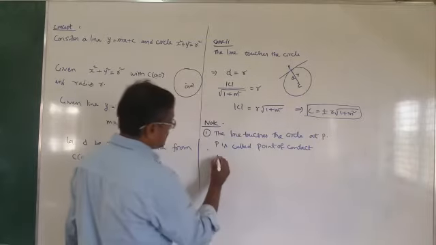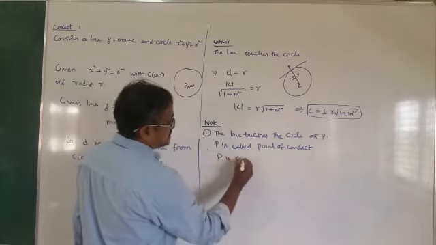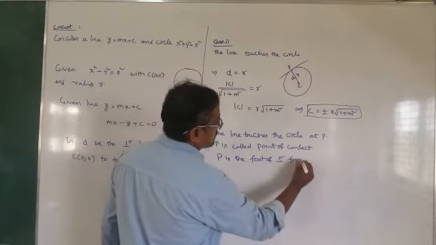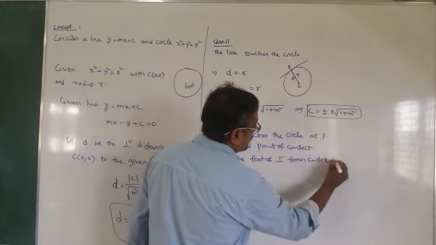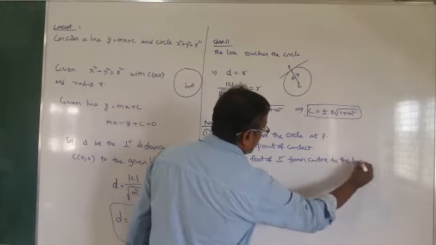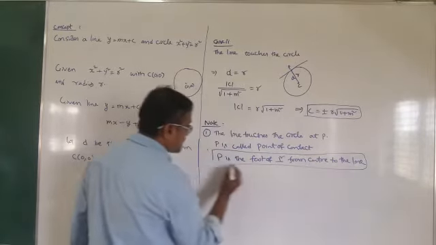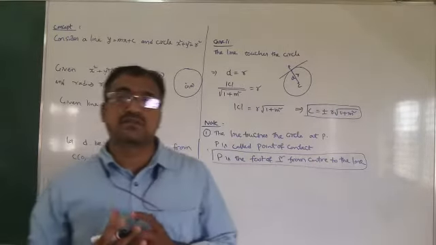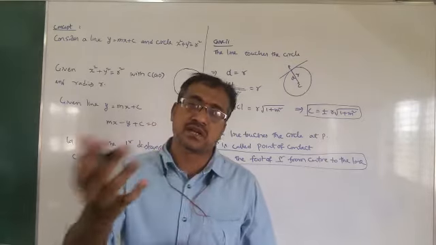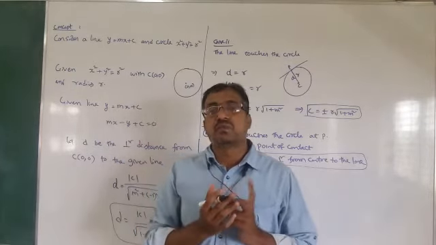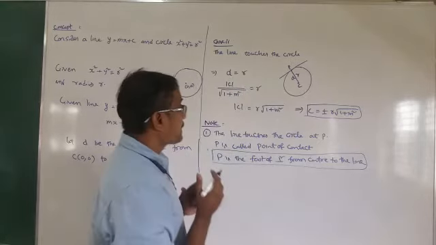So P is the foot of perpendicular from center to the line. Very, very important concept. Point of contact is the foot of perpendicular from center to the line. You can find the point of contact by using the foot of perpendicular formula.